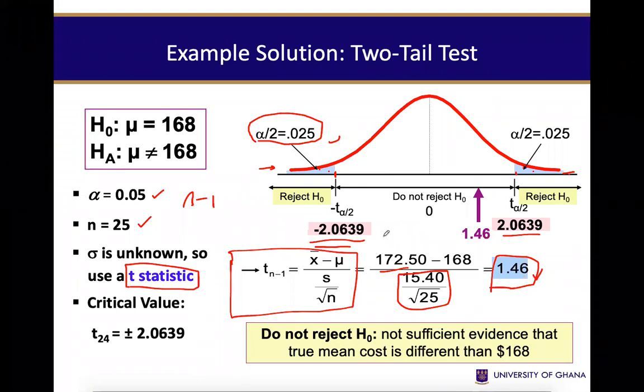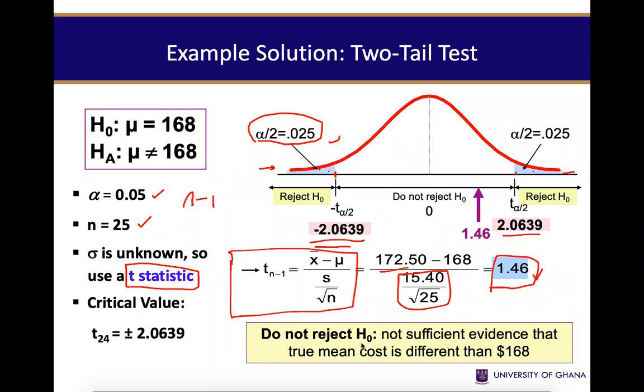This 1.46 is not smaller than negative 2.06, neither is it bigger than 2.06. So it lies within the acceptance region, and it means that we do not reject H0. If you do not reject the null hypothesis, then the conclusion is that there is not enough evidence to show that the true mean cost is different from $168.